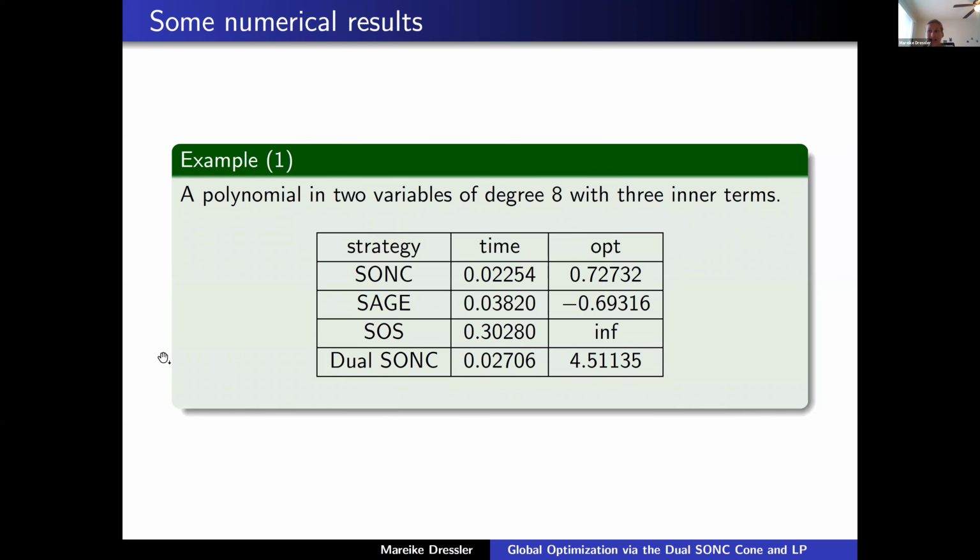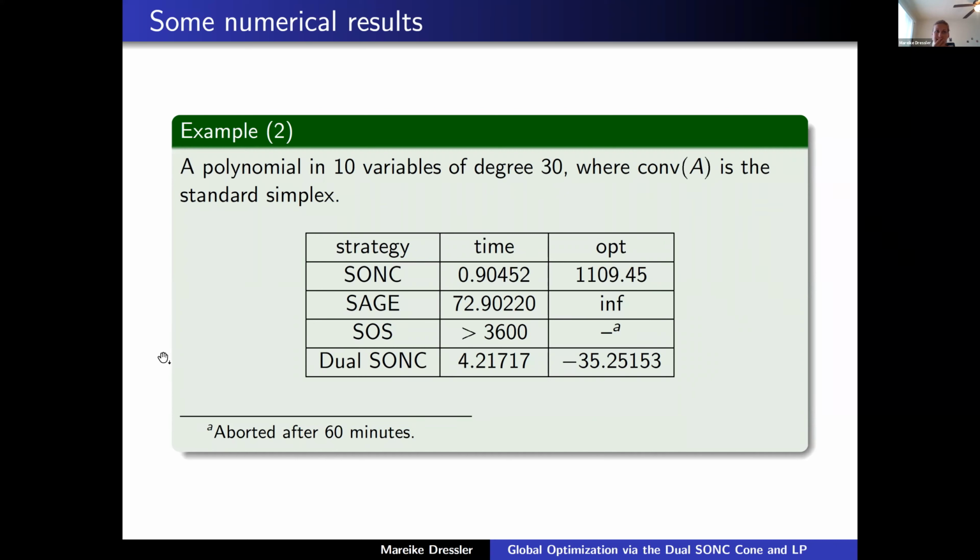And the second example is a polynomial in 10 variables of degree 30. And the convex hull of A is a standard simplex. Here we see that both SAGE and SOS fail to compute a bound because it's really just too large.